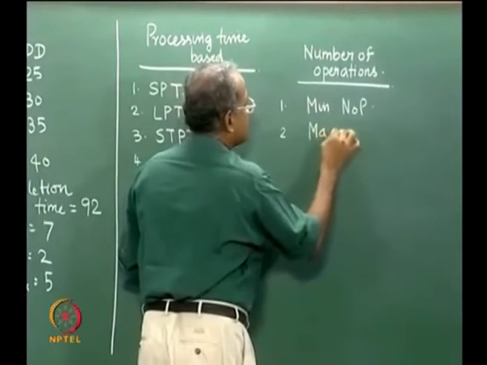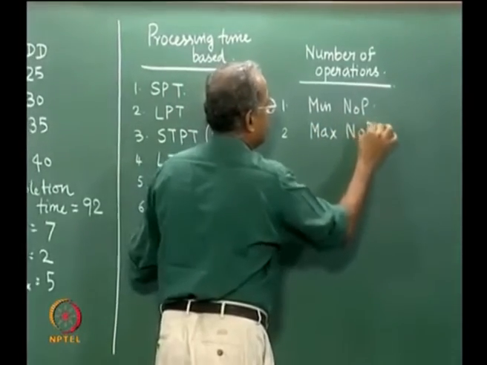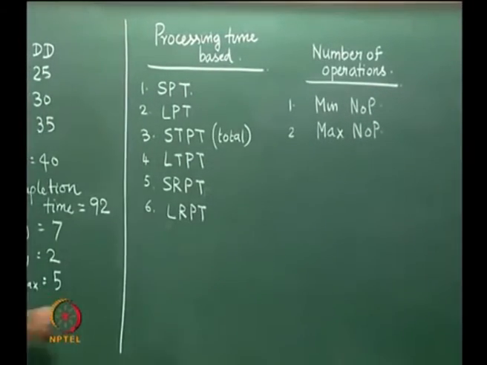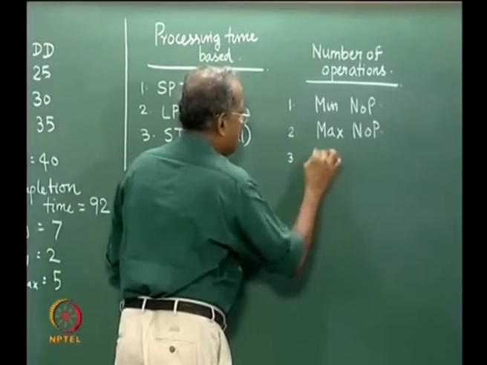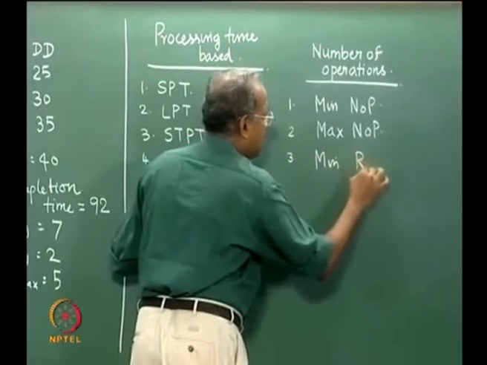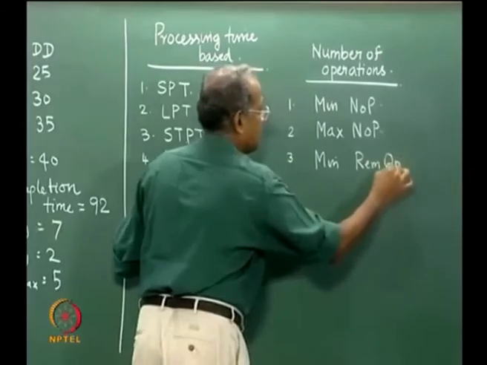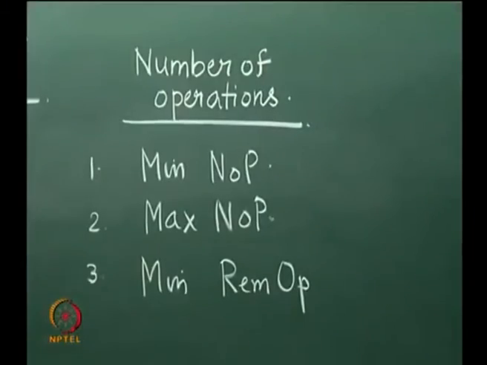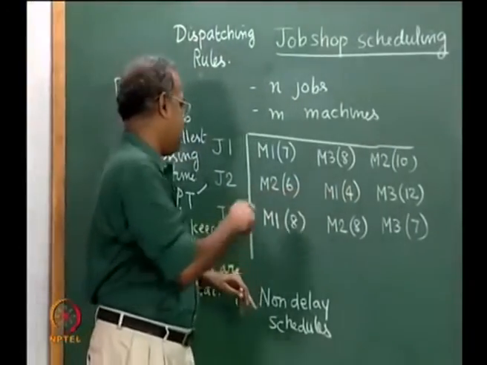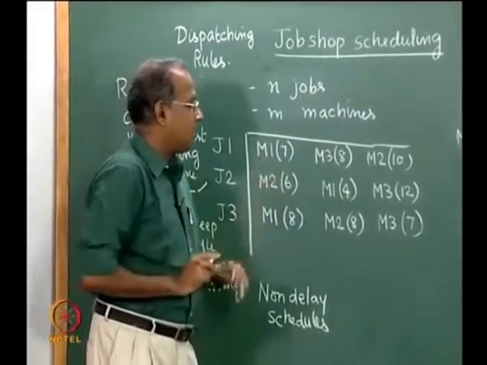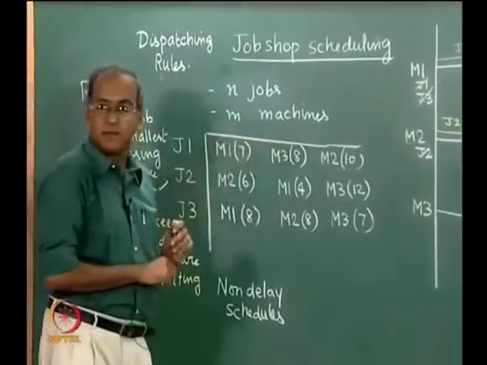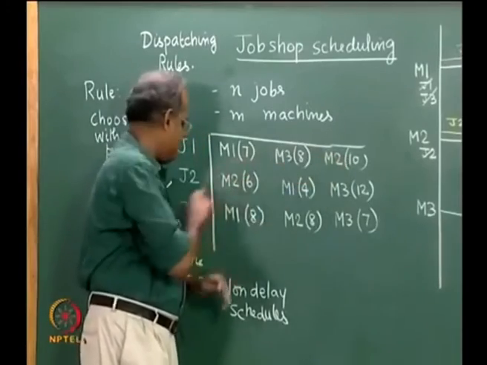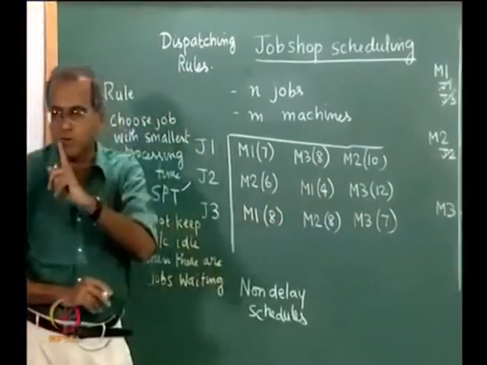You could use maximum number of operations as 2 different dispatching rules. Similarly, we could use minimum number of remaining operations. For example, when we went back to the earlier situation, when we are looking at visit of say J1 and J3 on M3, when J1 visits M3, it requires 2 more operations, whereas when J3 visits M3, it requires 1 more operation.